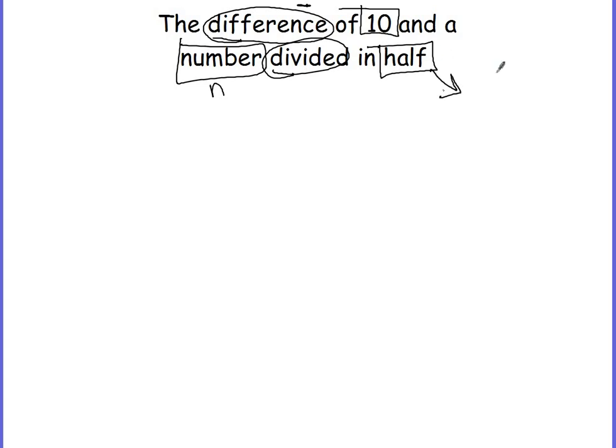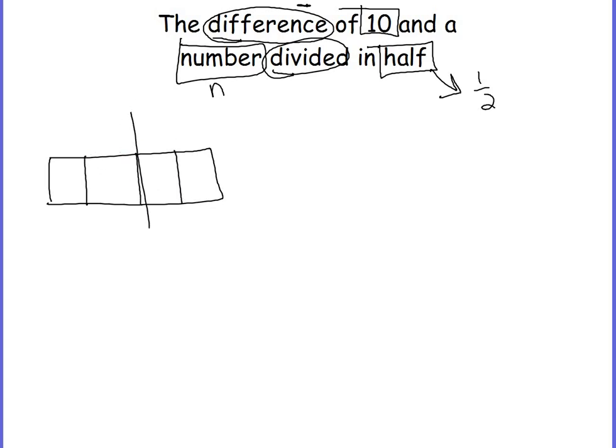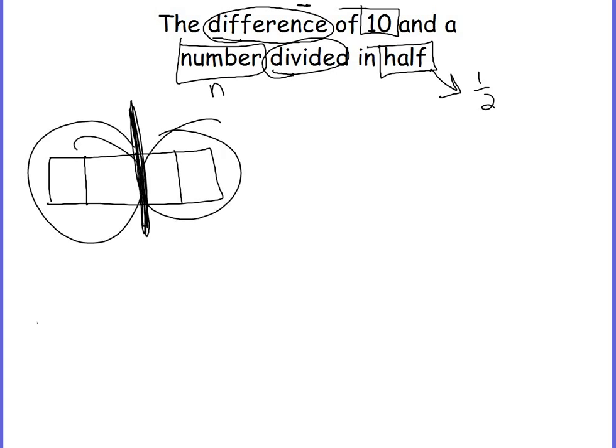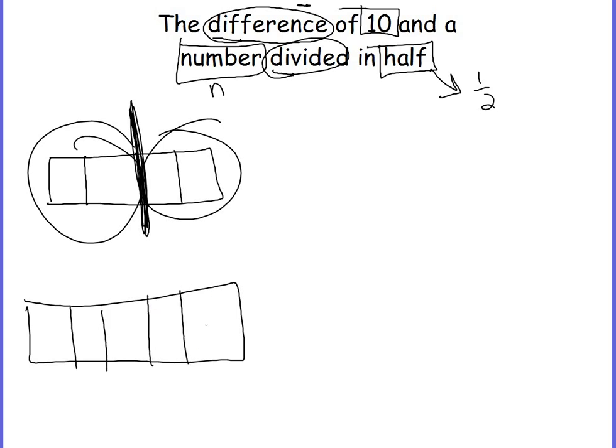Now, here's what's confusing. A lot of times students like to think that just because it says half, it means half. When you divide something in half, so take 4 for example, I have 1, 2, 3, 4. If I were to divide it in half, I'm putting it into two groups. If I take 6, so 1, 2, 3, 4, 5, 6. These are very horrible drawings, I'm sorry.